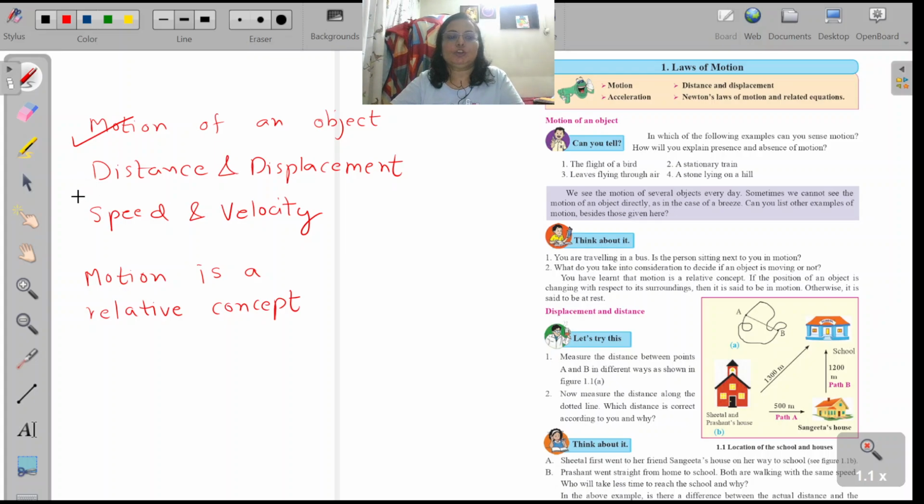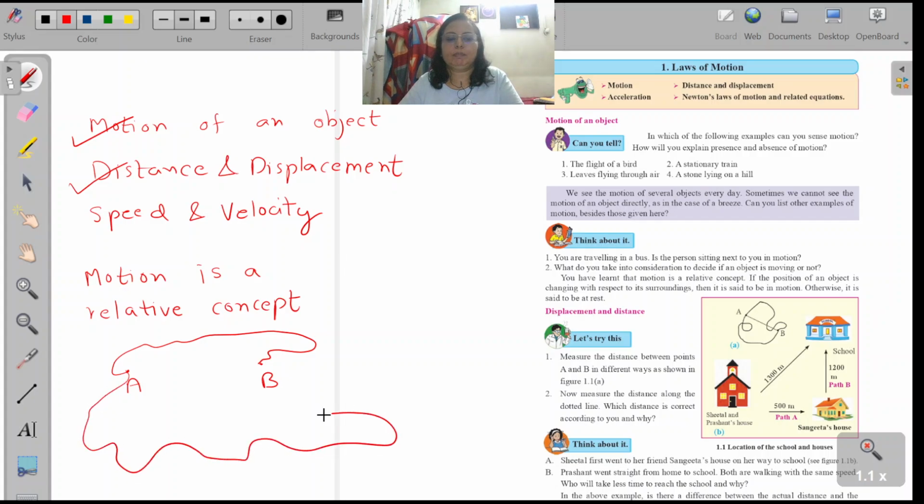Now let's come to the second topic, distance and displacement. Suppose this is point A and this is point B. Now I travel from A to B through this path. I take another path.